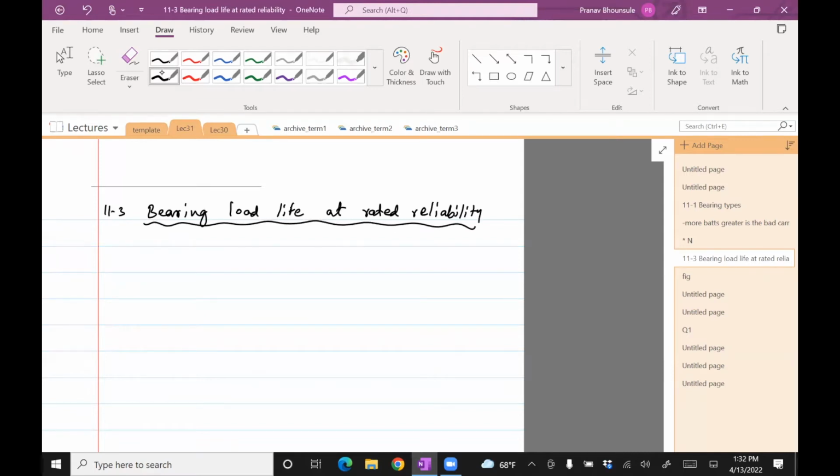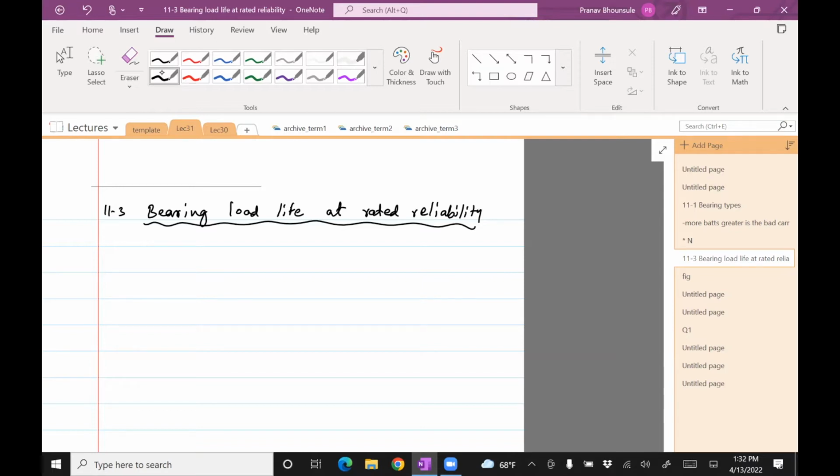Just like shafts, we're interested in the life. In this case, we're also interested in a term called reliability. Reliability is the opposite of failure rate. If something has a high failure rate, it has low reliability, and low failure rate is high reliability.